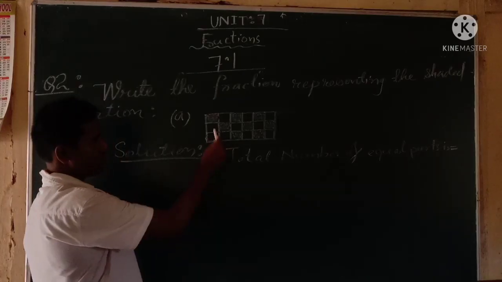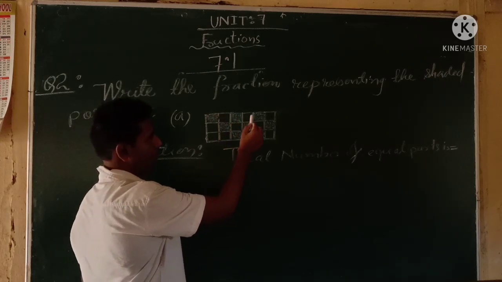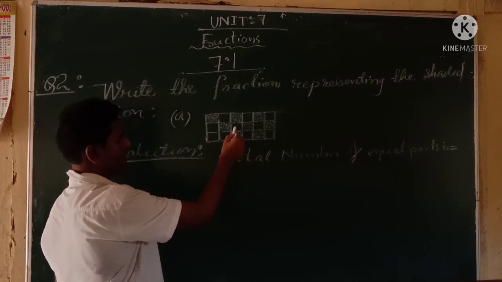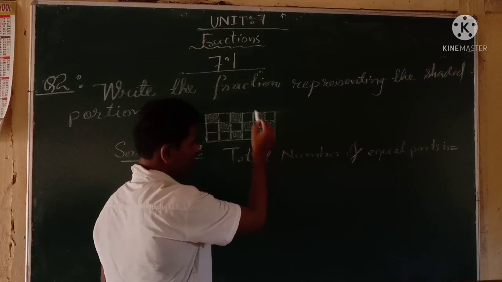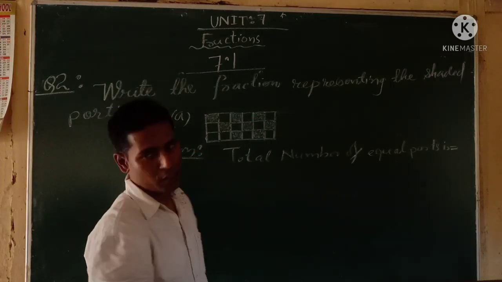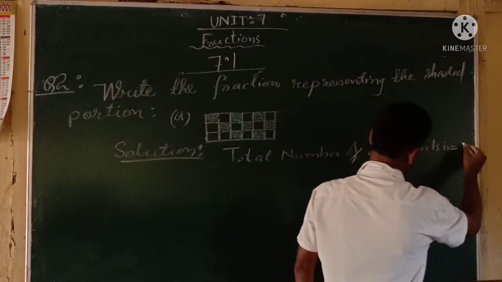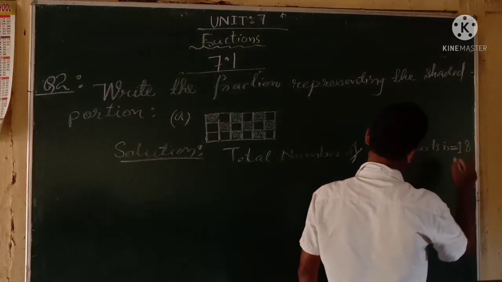Let us count it first. 1, 2, 3, 4, 5, 6, 7, 8, 9, 10, 11, 12, 13, 14, 15, 16, 17, 18. So we got 18 equal parts in total.